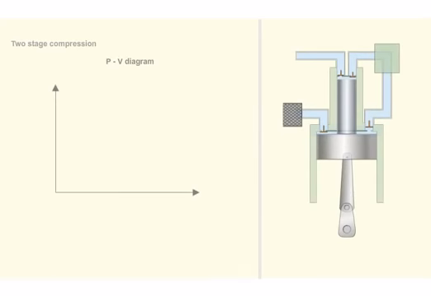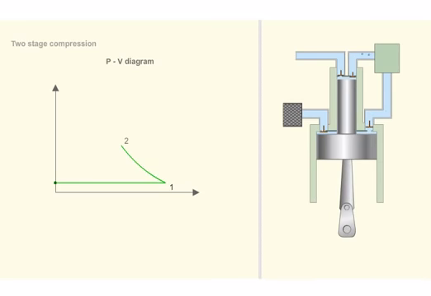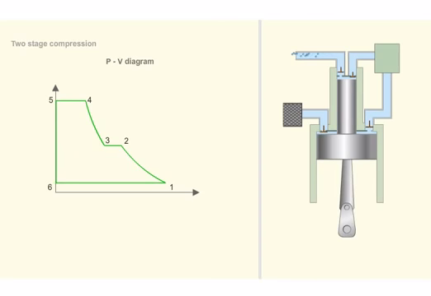In two-stage compression, the air is inducted at the first stage, compressed, cooled by intercoolers and delivered to the second stage. In the second stage, air is compressed further and delivered to the air receiver through an aftercooler.